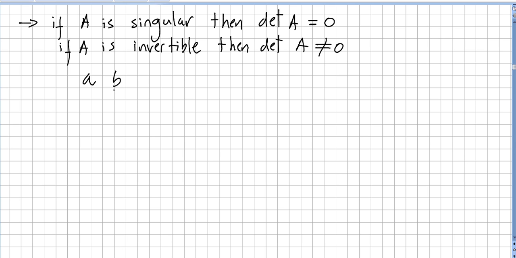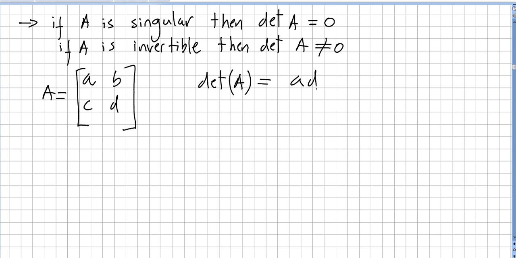So if we have a 2 by 2 matrix A with entries a, b, c, d, the determinant of A will be ad minus bc. It will be singular if and only if ad minus bc is equal to 0.